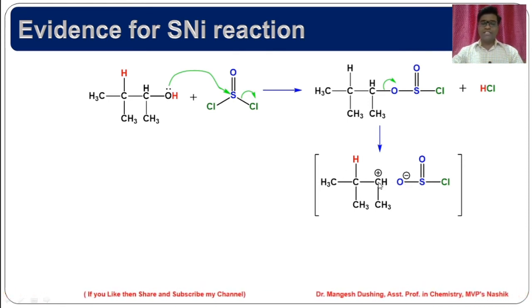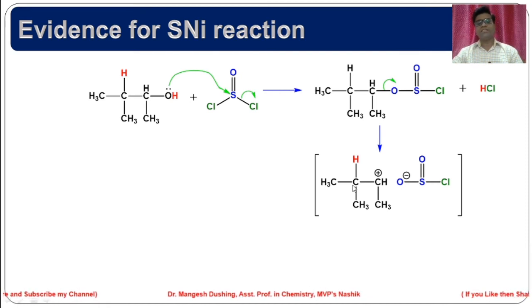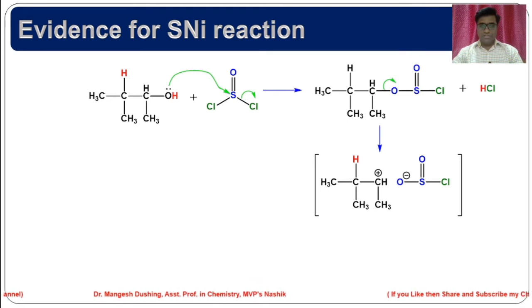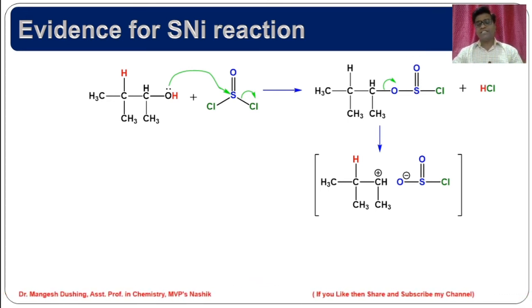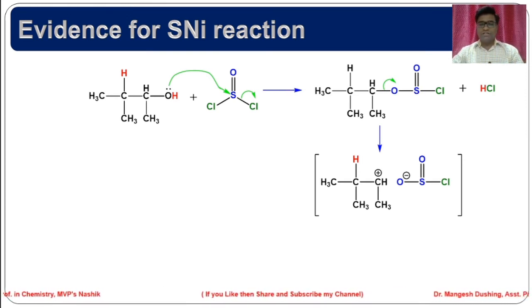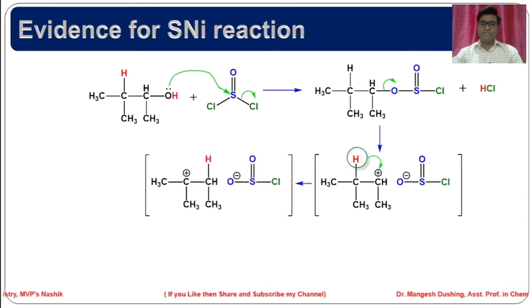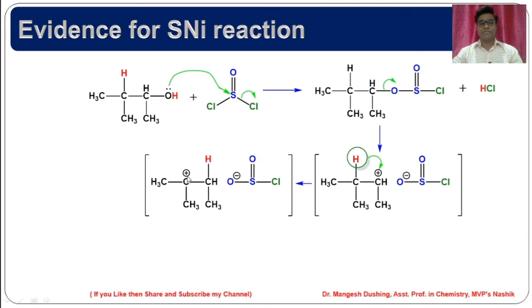This carbocation is secondary. If this hydrogen migrates over here, the carbocation that is going to form is a tertiary carbocation, and tertiary carbocations are more stable. So wherever the carbocation is formed, it rearranges itself to become a more stable carbocation. So automatically this hydrogen migrates to this carbocation to give the tertiary carbocation, which is more stable.